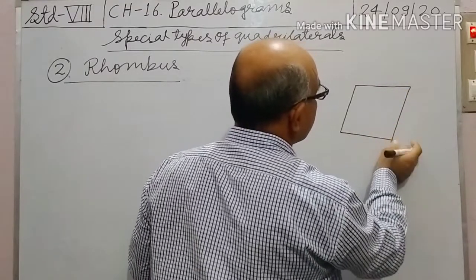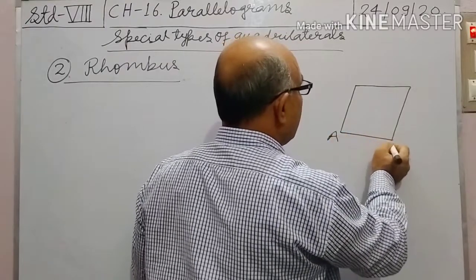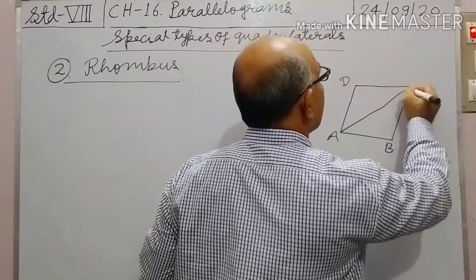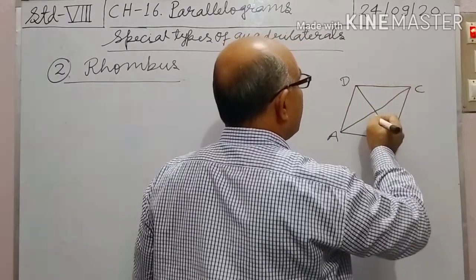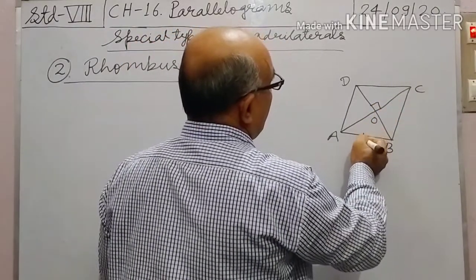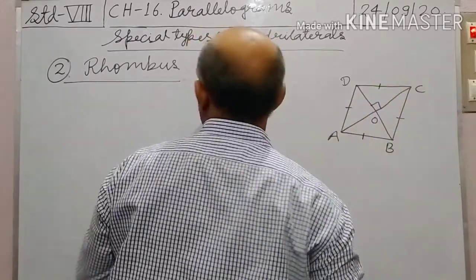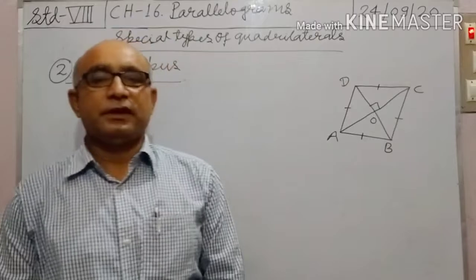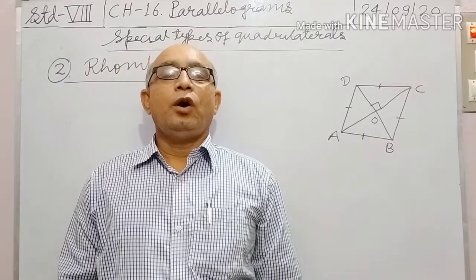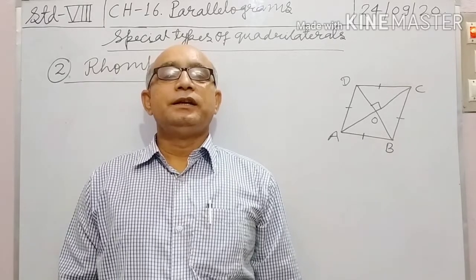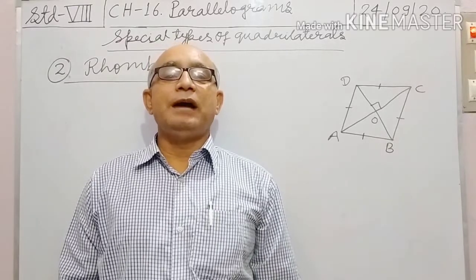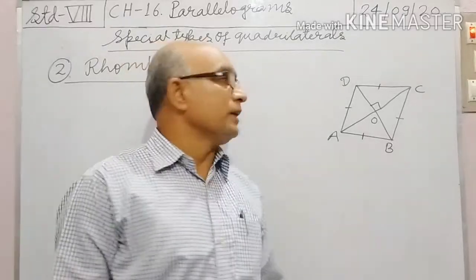The diagonals of a rhombus bisect each other at right angles. In a rhombus, all sides are equal. Definition: a parallelogram in which all sides are equal is called a rhombus.